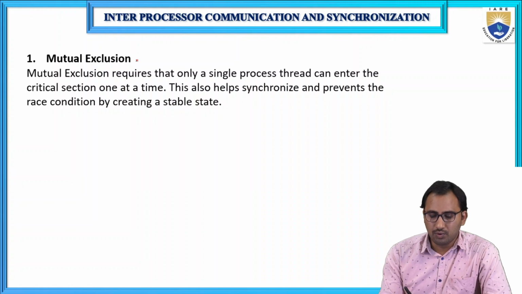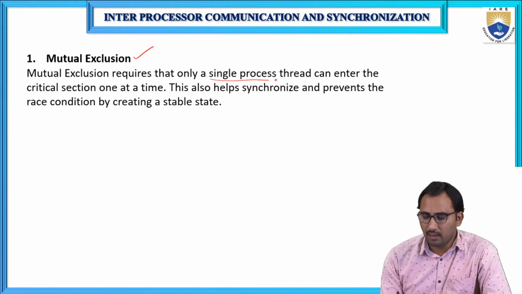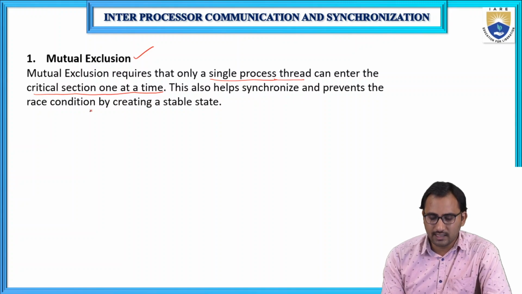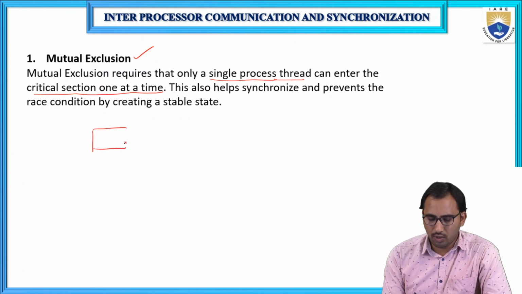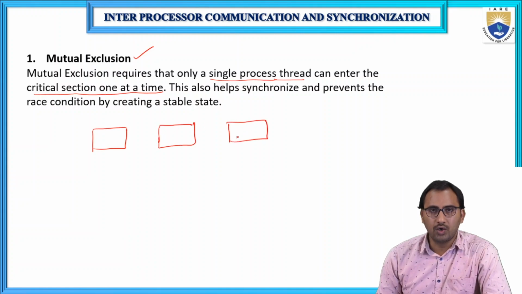First one is mutual exclusion. So what is mutual exclusion? Mutual exclusion requires that only a single processor thread can enter into the critical section one at a time. This also helps synchronize and prevents the race condition by creating a stable state. Suppose you consider a multiprocessor system. In a multiprocessor system, we have more than a single processor, that means two or three processors.